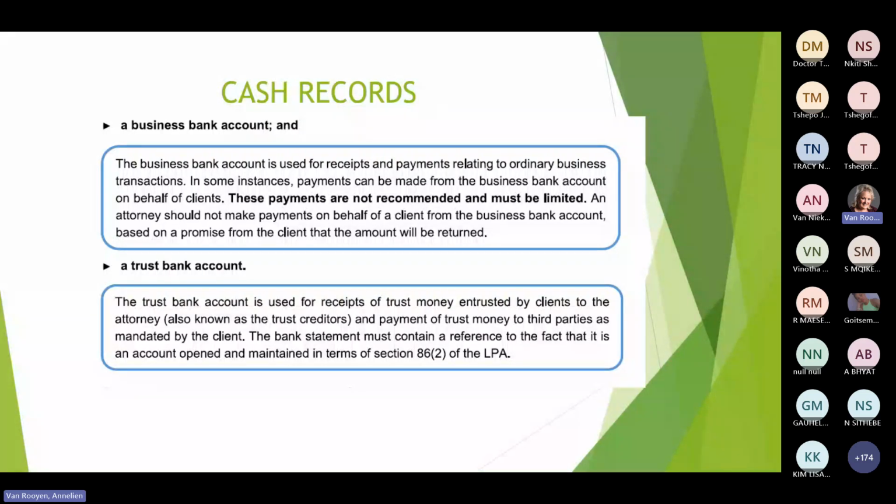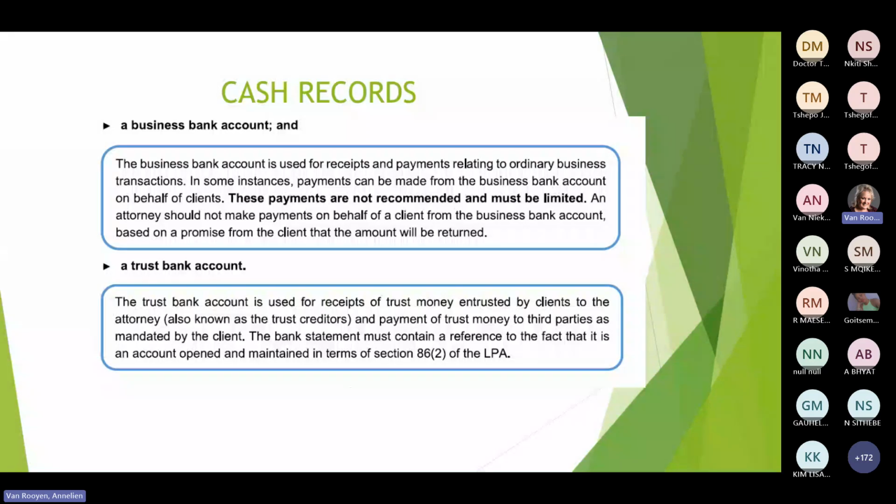And if you know anybody in this arena, you will know how strict they are, and they always want to know if the trust bank account is in order, because they can be locked up if something goes wrong, because the trust account is there for clients' money. It's not the lawyer's own money.